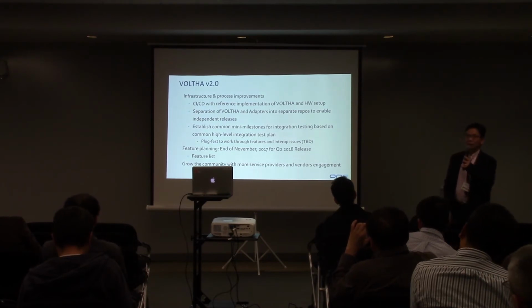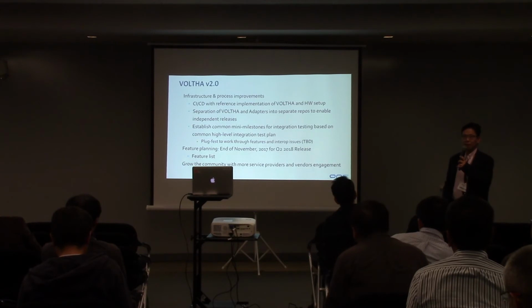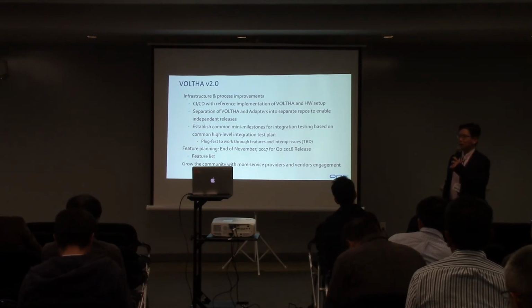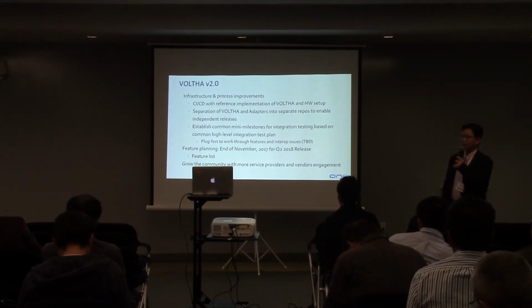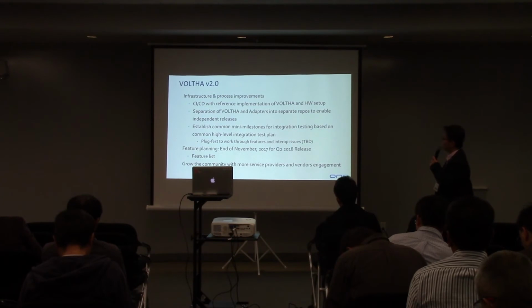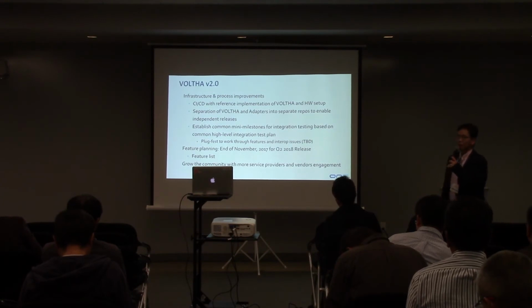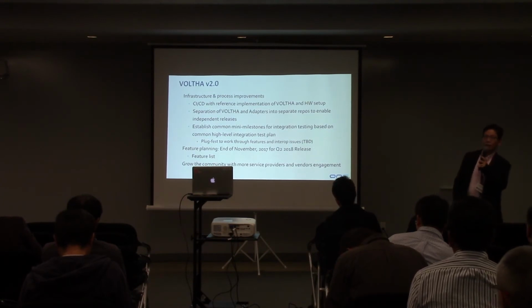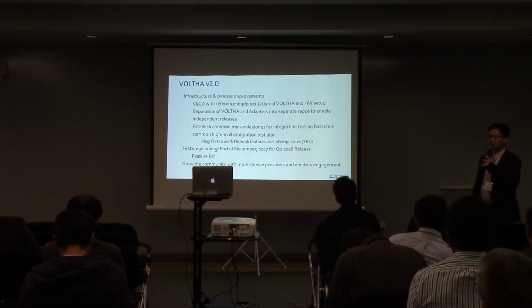Documentation definitely will be documentation improvement and capturing of the changes. That's definitely something we need to improve. However, the continued CI/CD with the reference implementation of VOLTHA and hardware setup, right now I don't believe this exists today.